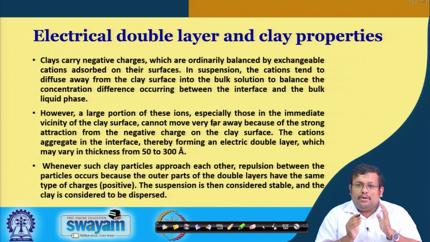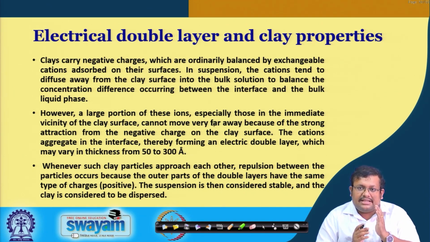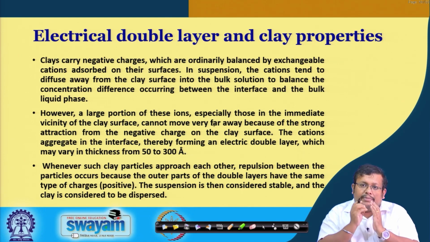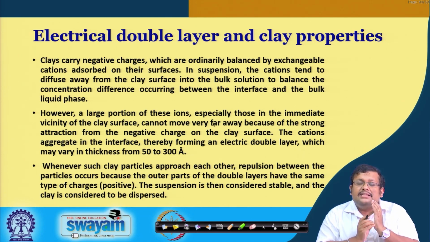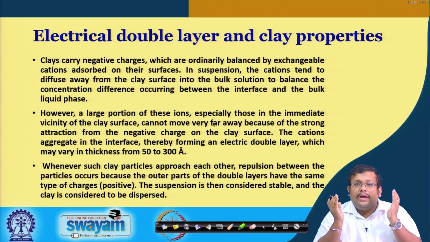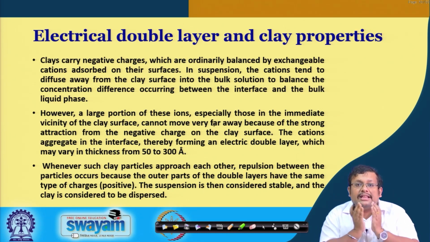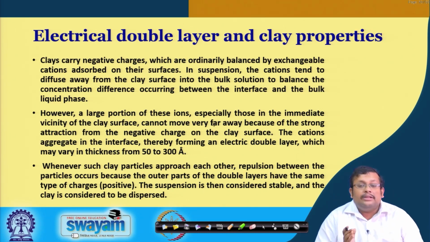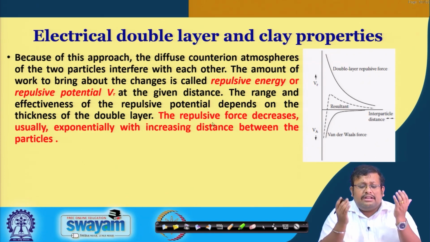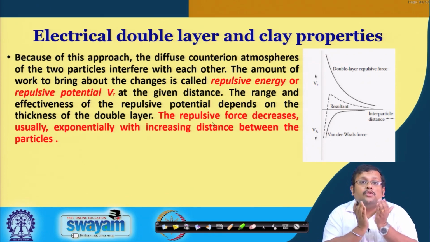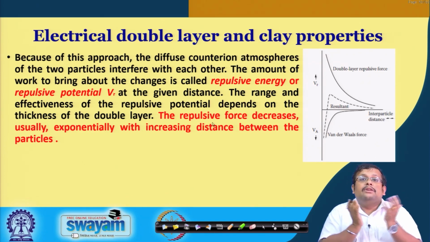In case of a negatively charged clay surface, there is a predominance of positively charged counter ions just adjacent to the surface. So, when two clay particles come together, there will be a repulsion because of the positive charge of the counter ions. Because of this approach, the diffuse counter ion atmospheres of the two particles interfere with each other.